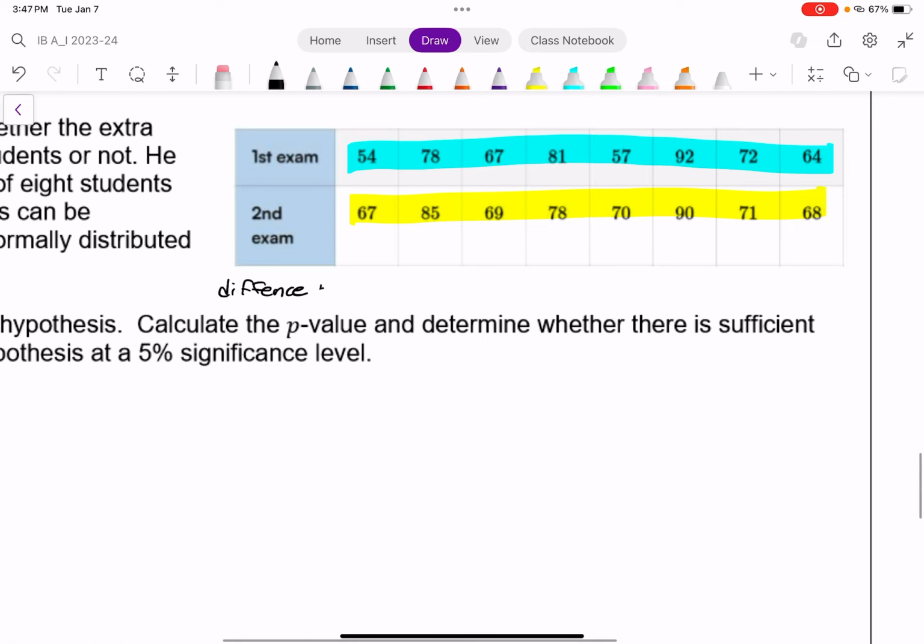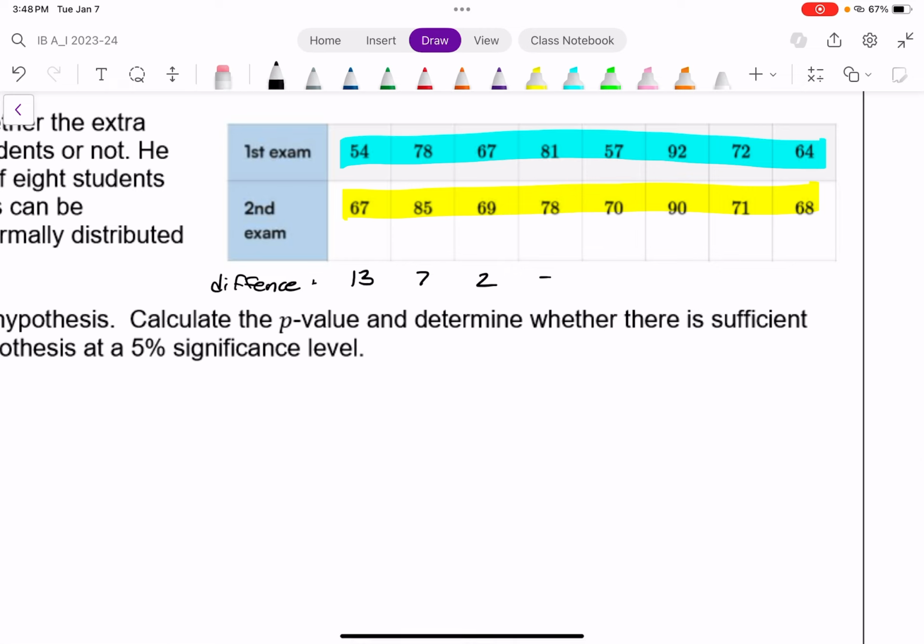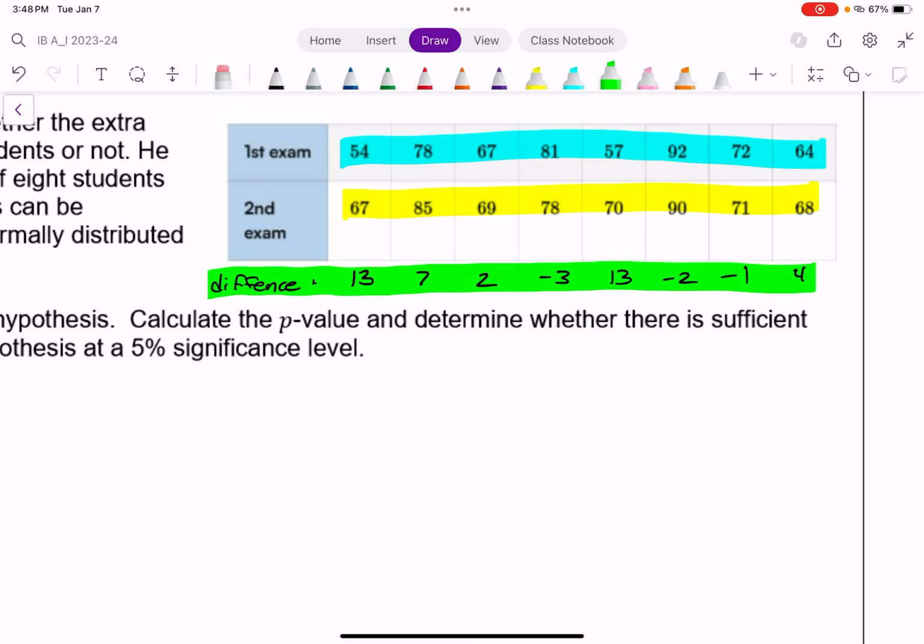For example, this first student went from 54 to 67, so it's a gain of 13. Then we went up by 7, up by 2. This person did worse, so I put negative 3. My apologies for that. Up by 13, and so on. So these are the values that we'll actually want to pay attention to for a matched pair question like this. This difference.